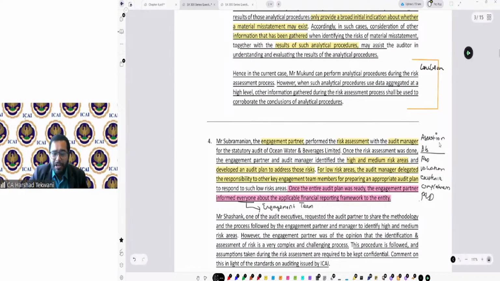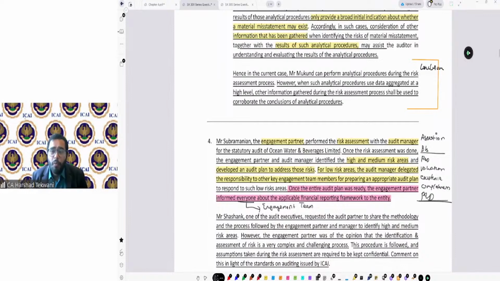Now, presentation and disclosure. When we identify a risk, we identify whether there is any impact of that risk on the presentation and disclosure also. That is for sure.